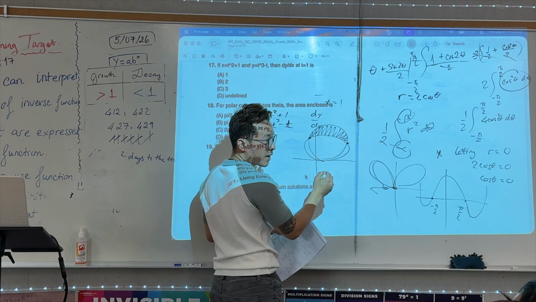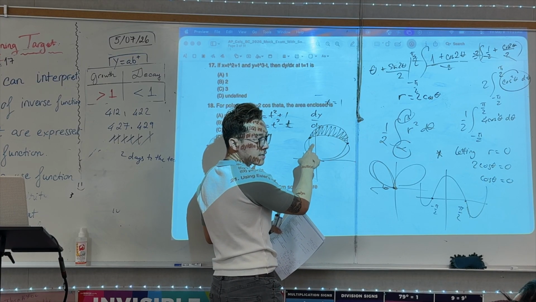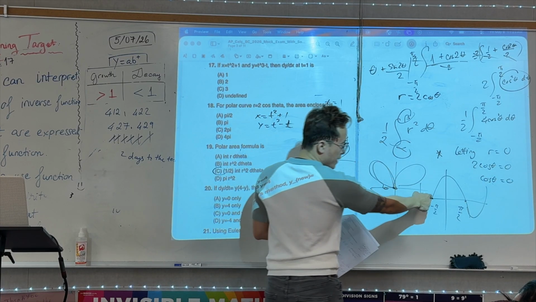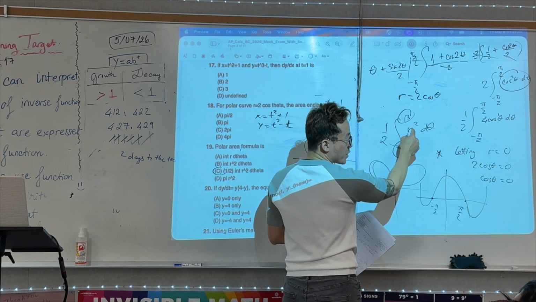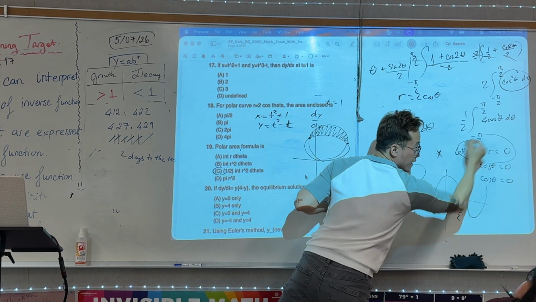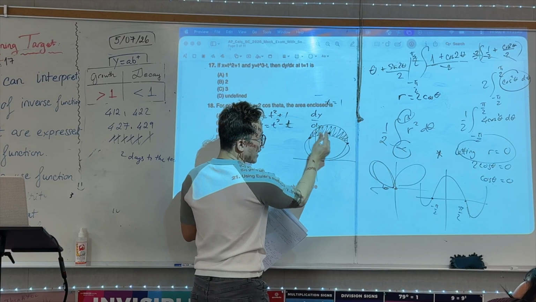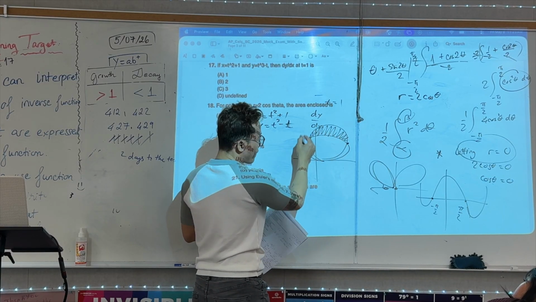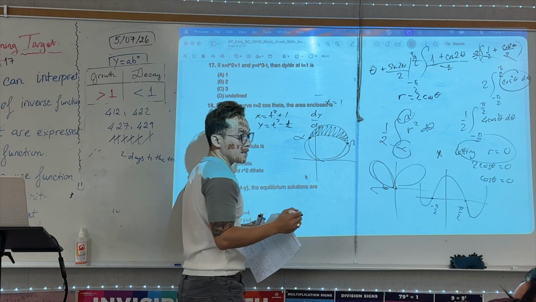You find the alpha and beta by intersection. Here, there's no intersection. That's why you're gonna use this. But if they have intersection, you're gonna let two functions equal to each other to find this is the alpha, this is the beta.